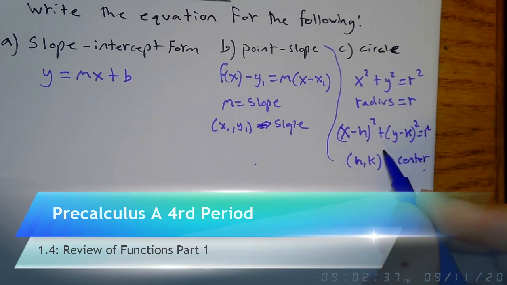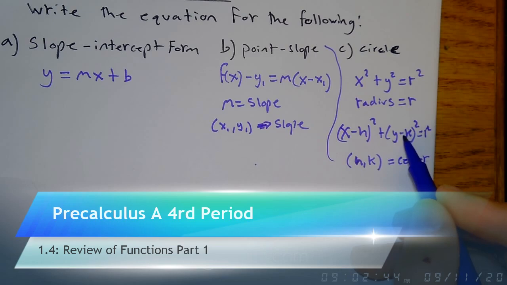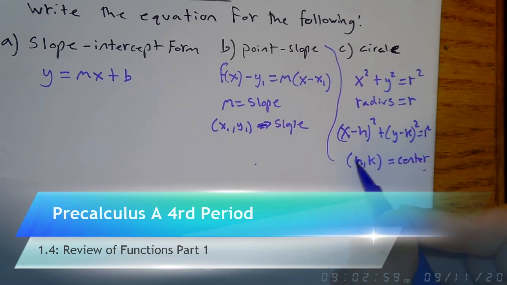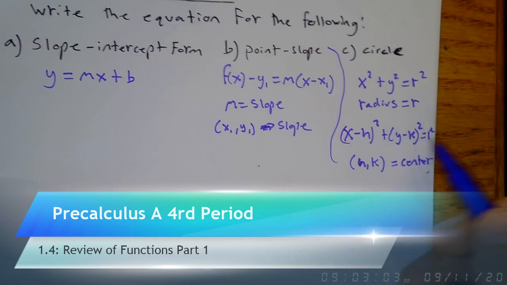And remember from transformations, and we're going to talk about this over the next week, that anytime a transformation is inside the function being squared, it's backwards. So when you see this minus, it really means opposite. So the center, the x value, is the opposite of this. So if this was x minus 2, this would be 2. If this was y minus 5, this would be 5.